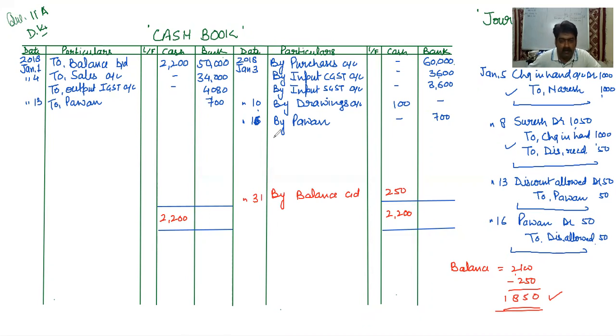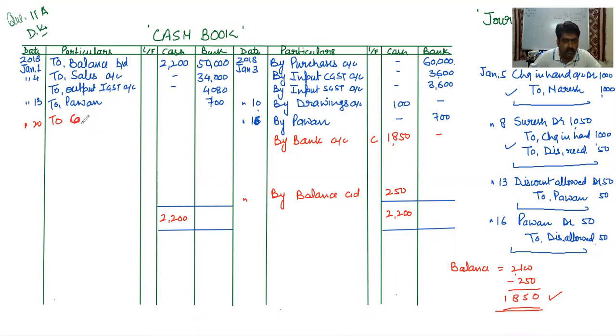into our bank account. For this purpose, entry will be bank account debit to cash. That will be a contra entry. So by bank account, in ledger folio column, we will write C, and in cash column 1850, and in debit side on January 20, because we are calculating balance on January 20.